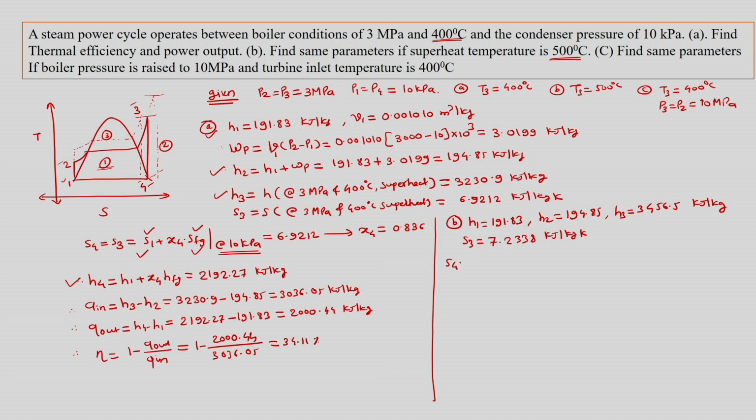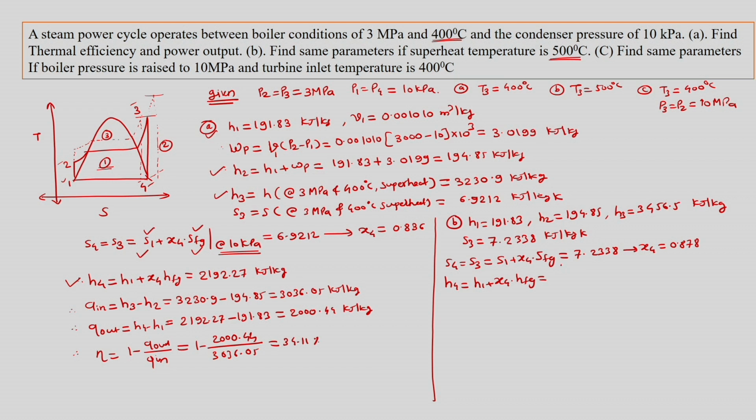Knowing this, we can again say S4 is equal to S3 is equal to S1 plus X4 into SFG, which is equal to 7.2338, and this gives us X4 as 0.878. So we can find H4, and H4 is H1 plus X4 into HFG.